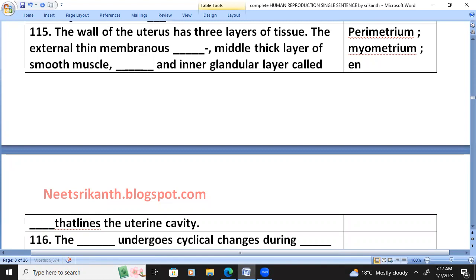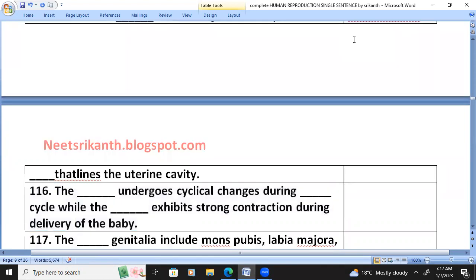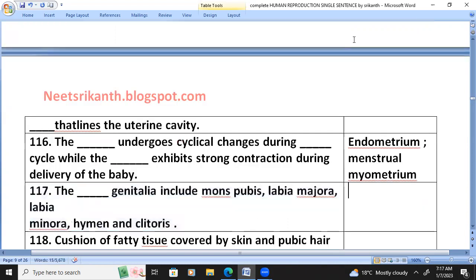Outermost layer perimetrium, middle myometrium, inner endometrium. The endometrium undergoes cyclical changes during the menstrual cycle, while the myometrium exhibits strong contraction during the delivery of the baby.